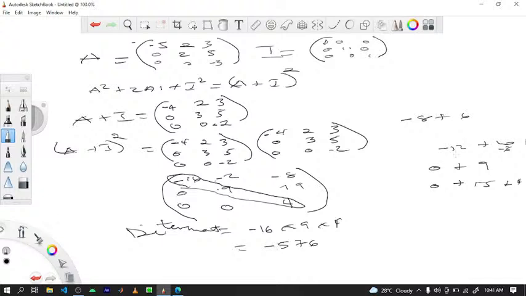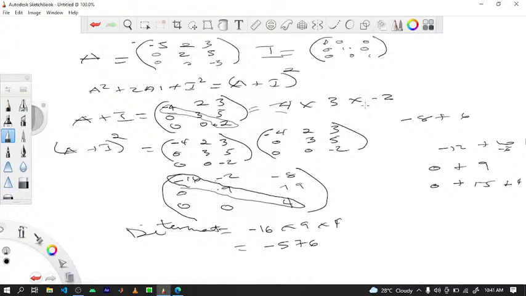Now, if you check carefully, you can make some deductions over here, right? If you check A plus I is also a triangular matrix, right? And so this is the determinant of A plus I. The determinant of A plus I is going to be what? Minus 4. So negative 4 times 3 times negative 2, right?